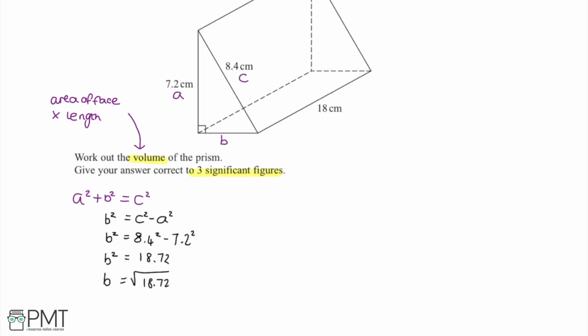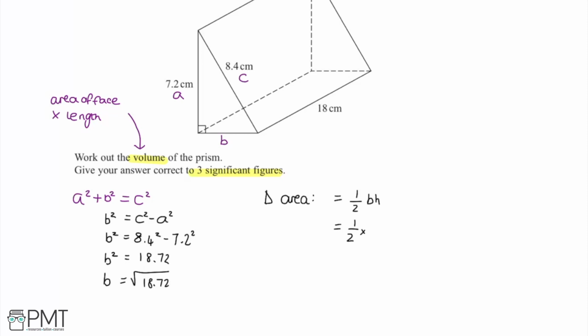Now we've found the missing side, B, and I need to find the area of the triangular face. The area of the triangle is equal to a half multiplied by the base multiplied by the height. So we substitute in the two values.